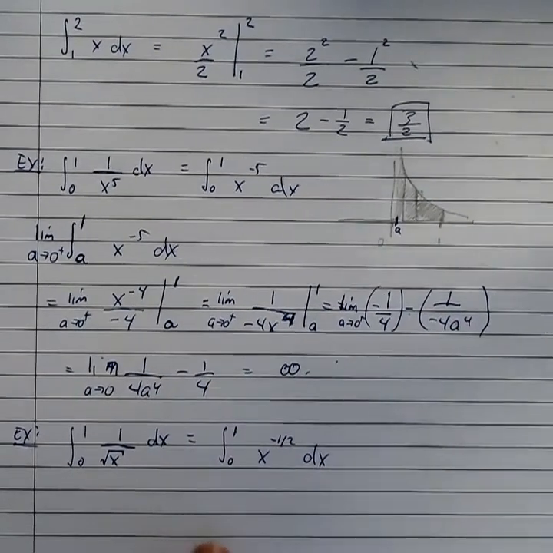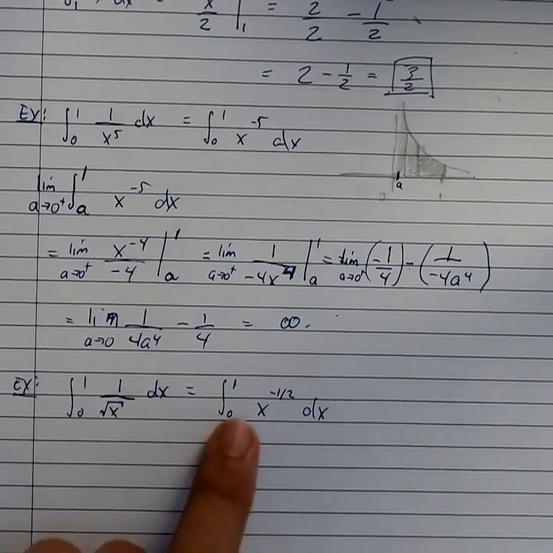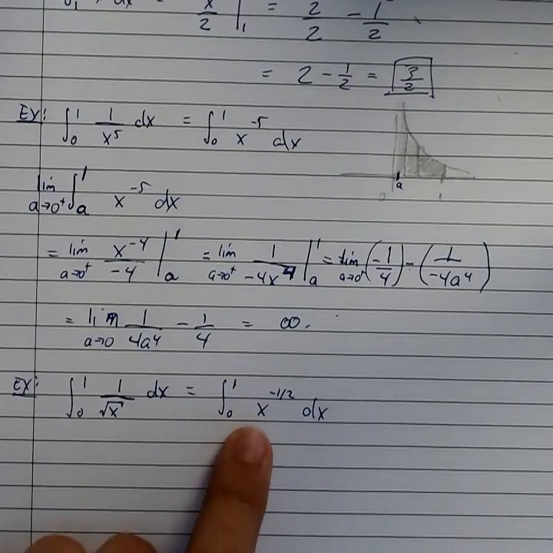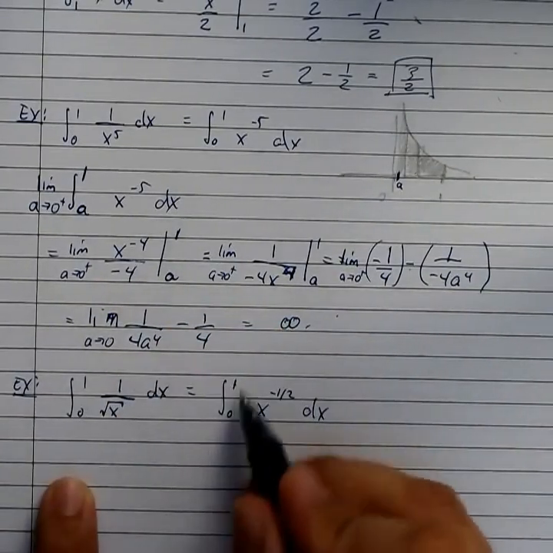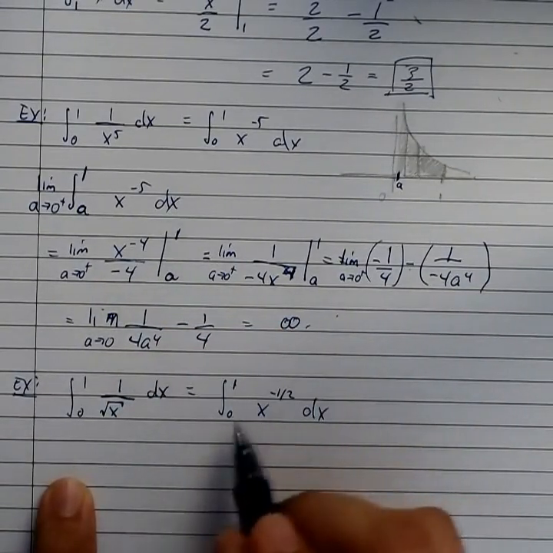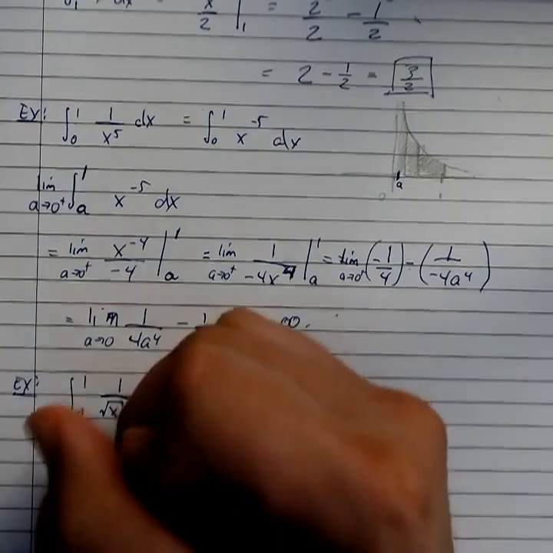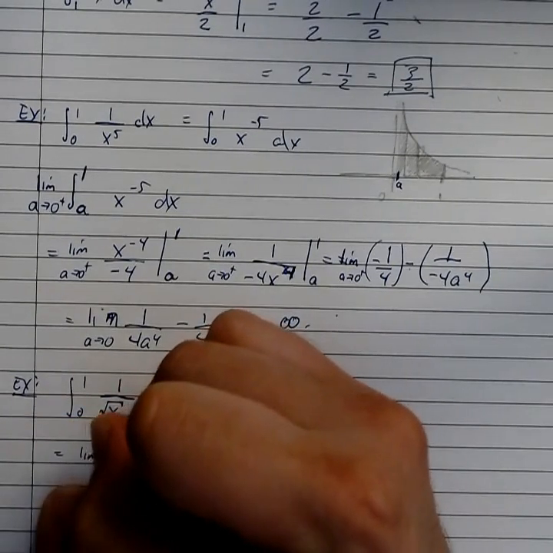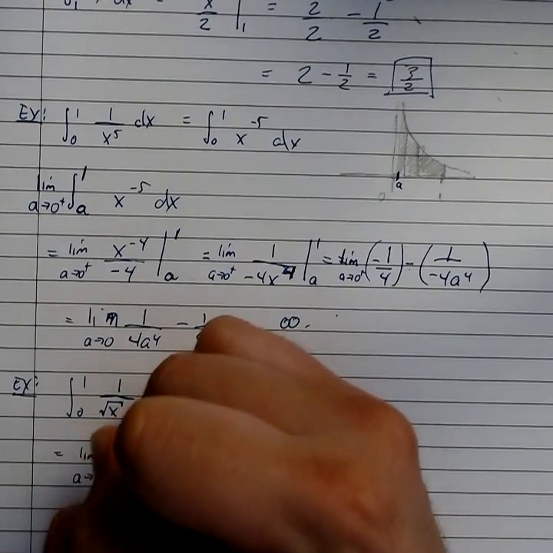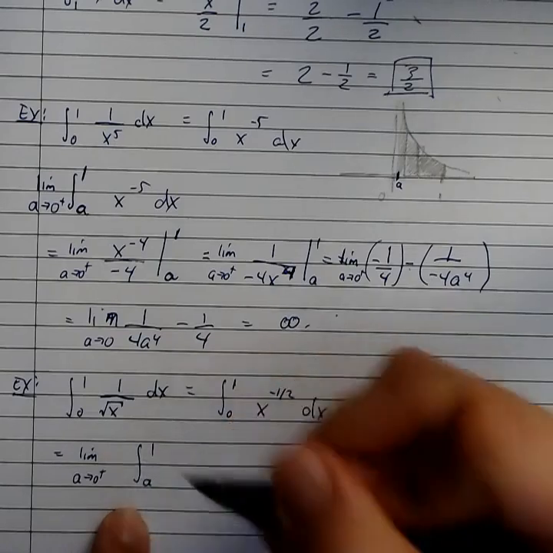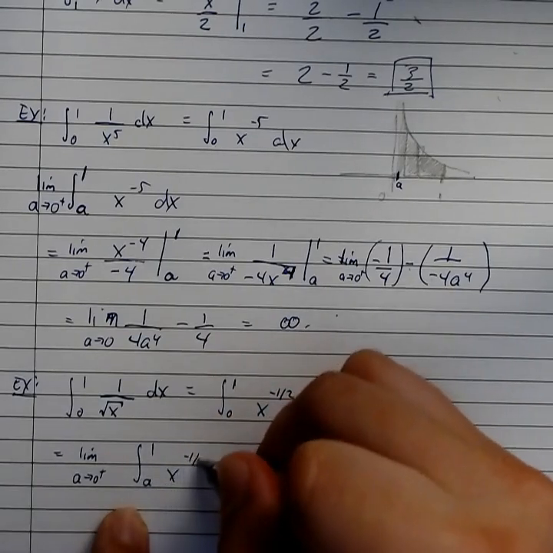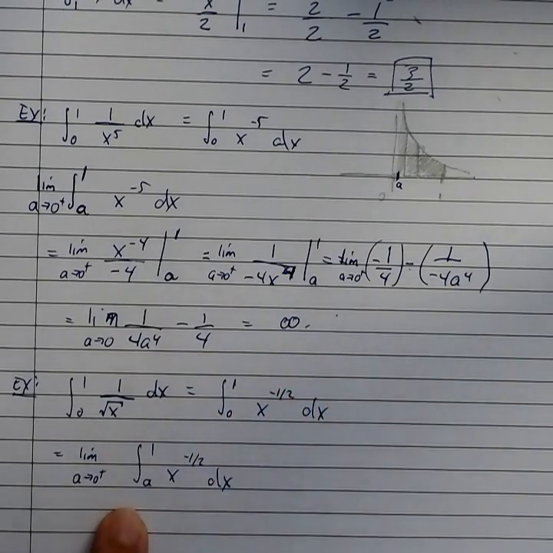Now I can take this expression and, instead of doing this, which is impossible, you can't evaluate at 0 because it's undefined, let's write this as the limit as a approaches 0 from the right of the integral from a to 1 of x to the minus 1/2 dx.